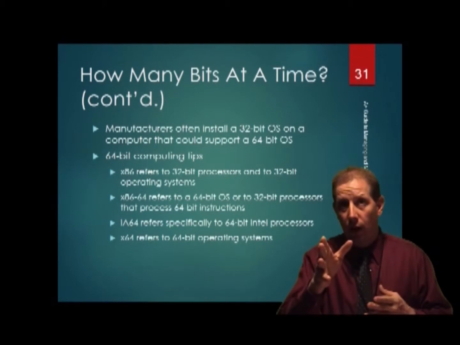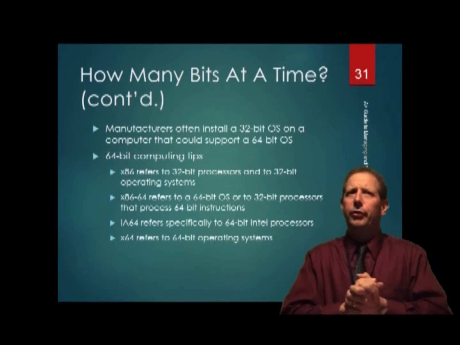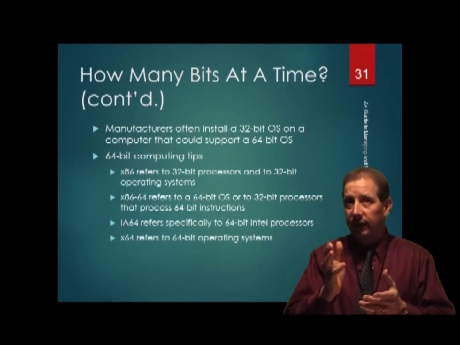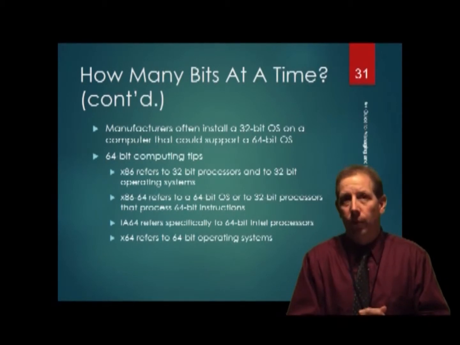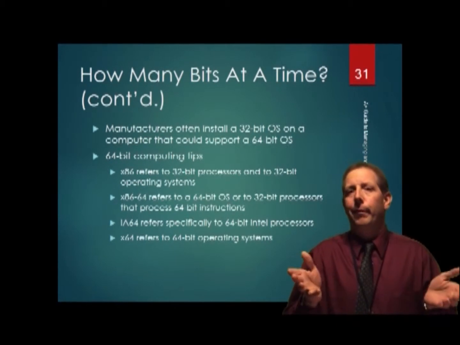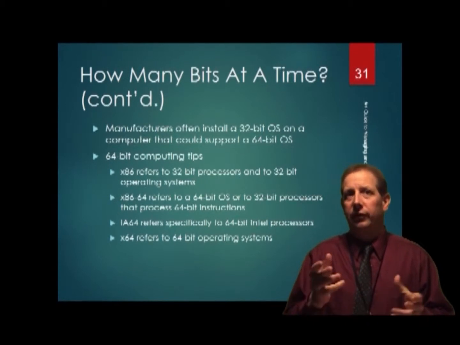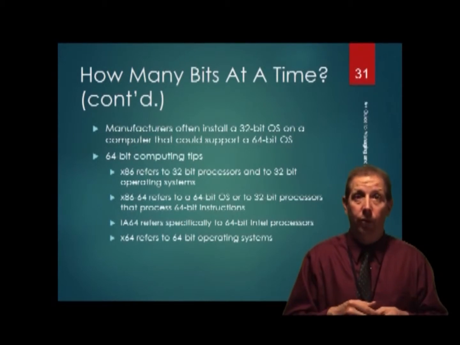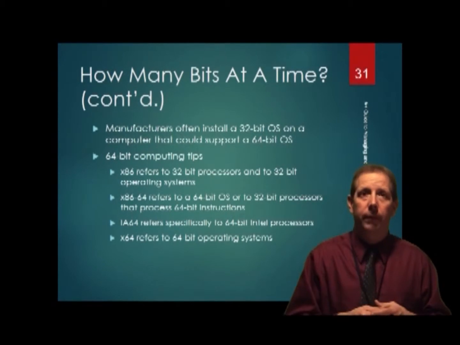So for example, a Windows error might be, you're attempting to load an x86-64 operating system. Take that to mean you're attempting to load a 64-bit operating system on a computer that might have a hybrid 32-bit/64-bit processor installed, such as the Athlon 64 or the Intel Core 2 Duo.